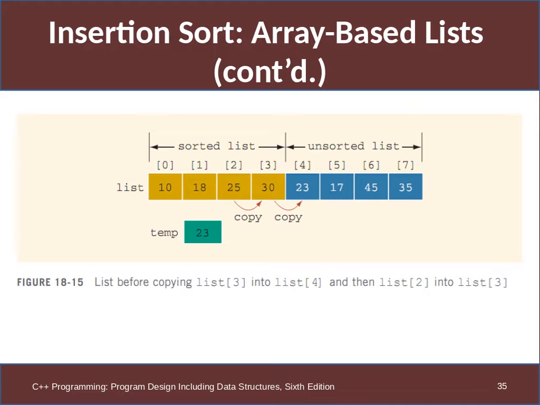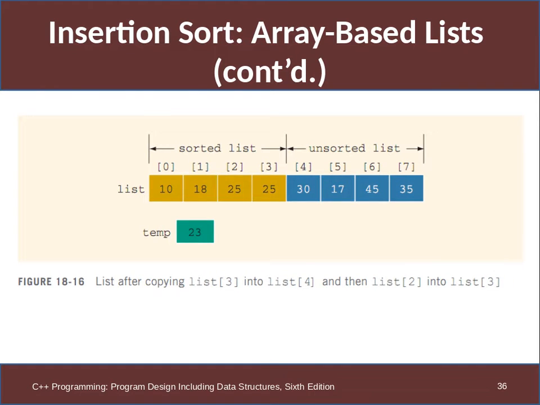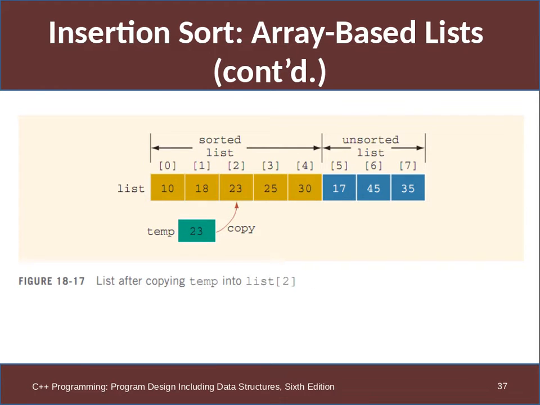So make sure that you start at the 30, copy the 30 over, then copy the 25 over, and you have to keep going, copy the previous number over. Otherwise, no worky. All right. And then, now that everything's been copied over, hey look, there's two 25s. You can copy the 23 in, and now it is sorted.